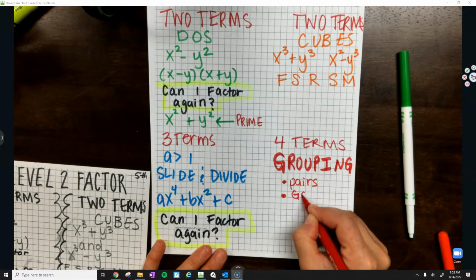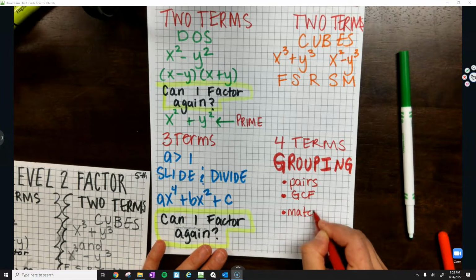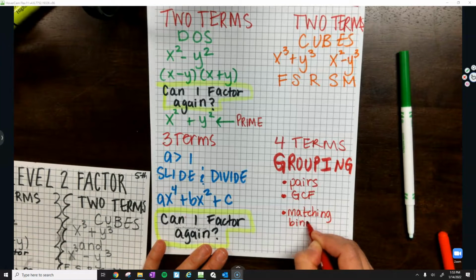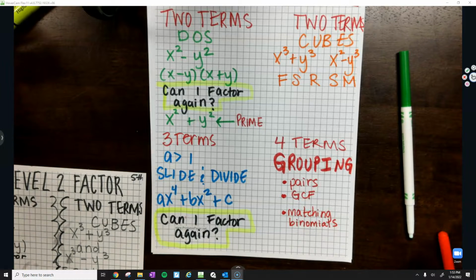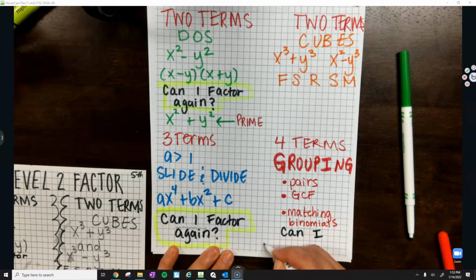You turn it into a GCF problem, and you know you are on the right track when you have matching binomials. One more time, guys. You're going to have to ask yourself in this scenario also, can I factor again?